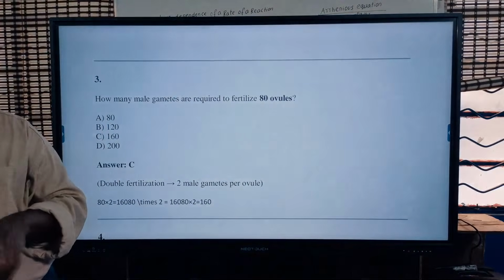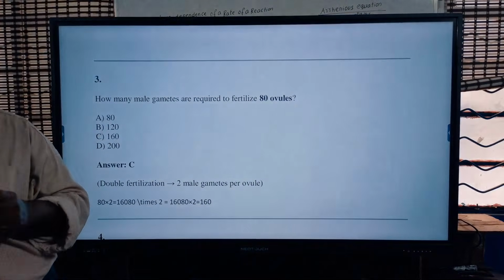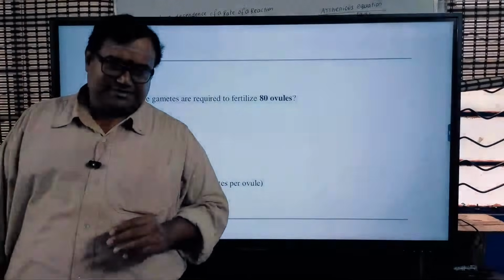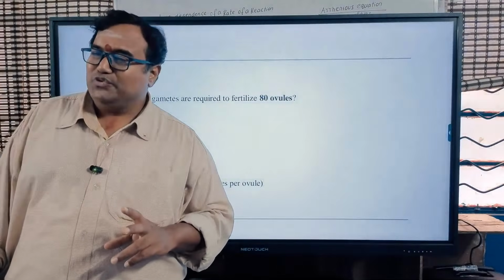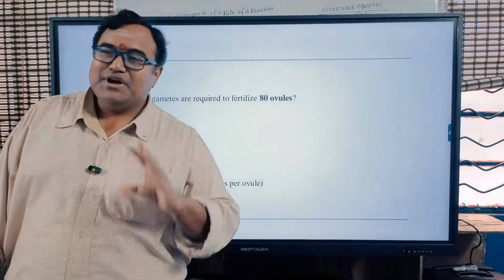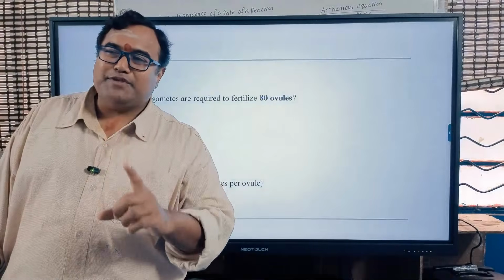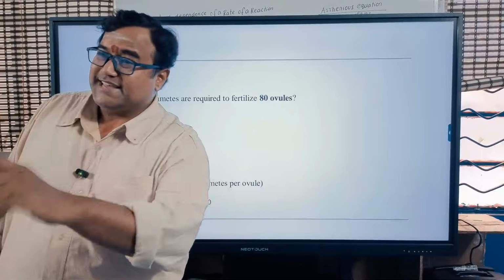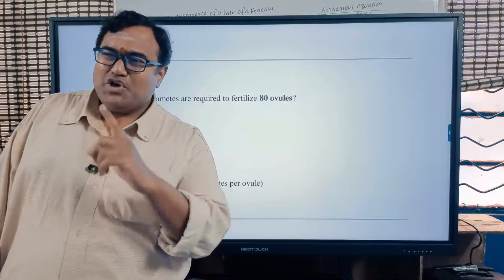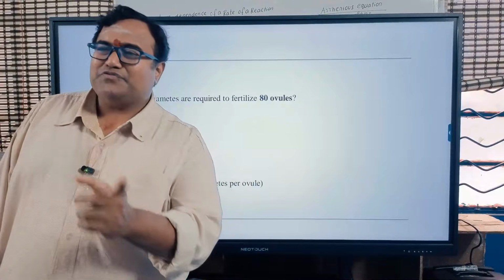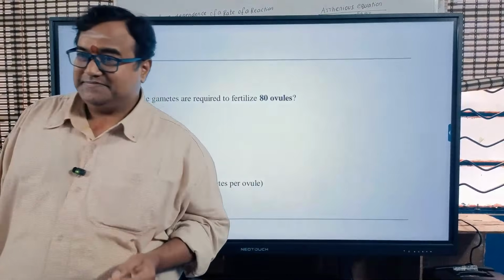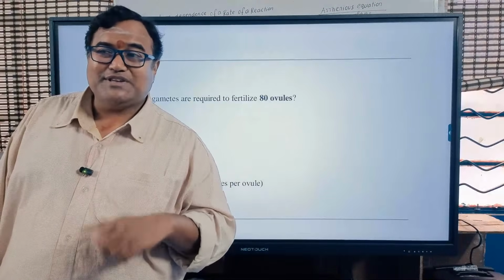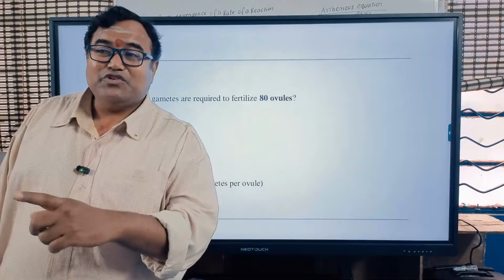Because we should understand the triple fusion process. One primary polar nucleus fuses with another primary polar nucleus, so that you get the secondary polar nucleus. If one male gamete fuses with the egg, you get the zygote. If another male gamete fuses with the secondary polar nucleus, then only you will get endosperm.